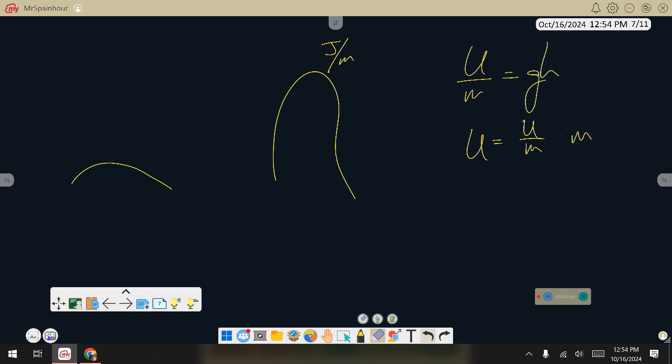So now, here's what we do. Potential energy is equal to negative QED, and it's also equal to KQQ over R. Except knowing how much charge is going to be in a particular area is not a very easy thing to do.